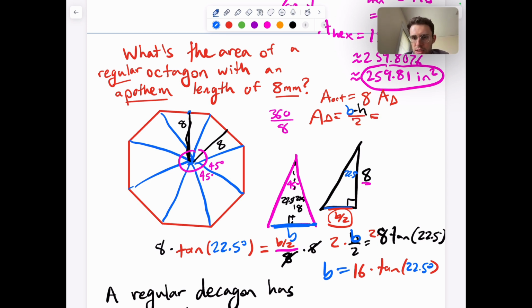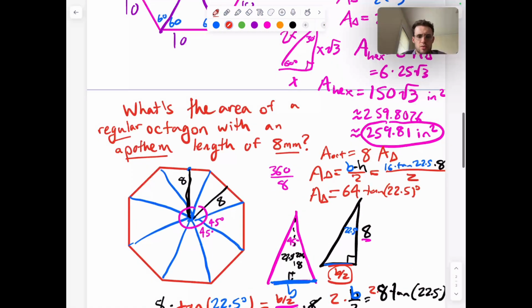So we said that's 16 tan 22.5 degrees times the apothem, so times 8, all divided by 2, and that gives us the area of the triangle is equal to 8 times 8, so 64 tan 22.5. And we're going to be multiplying that entire thing by 8.